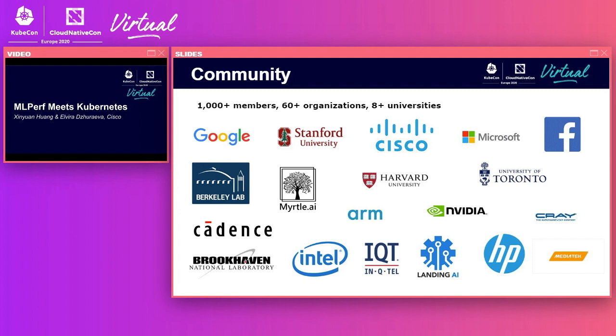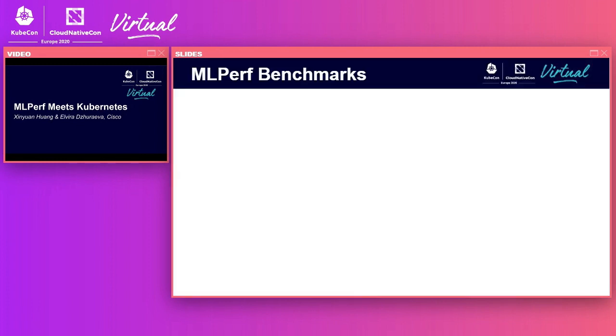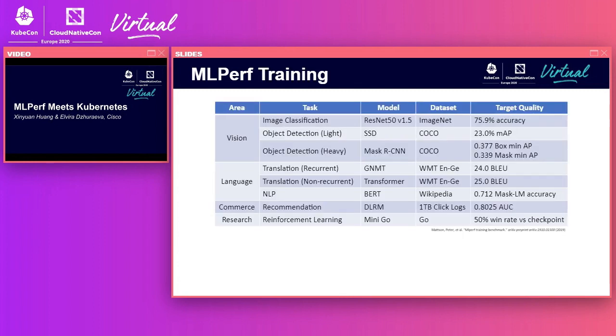Okay. Thank you, Elvira. This is Xinyuan, and I am going to start with a brief introduction of MLPerf benchmarks. In the last few years, there has been a lot of effort put into benchmark development for machine learning systems.